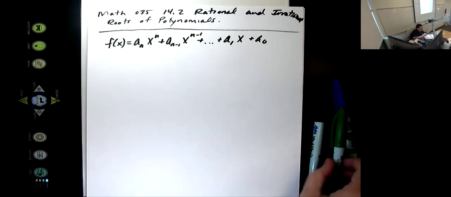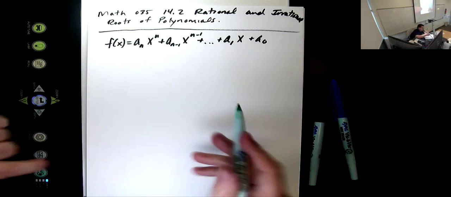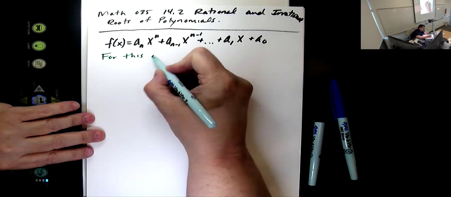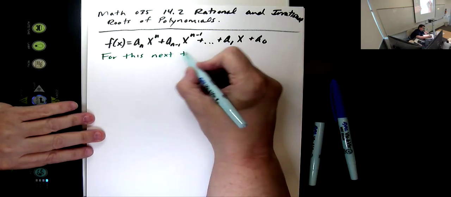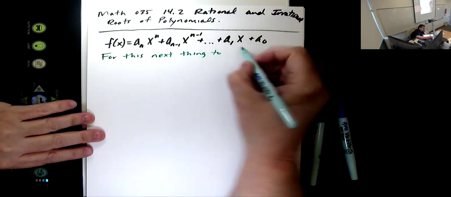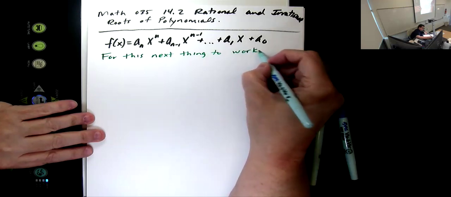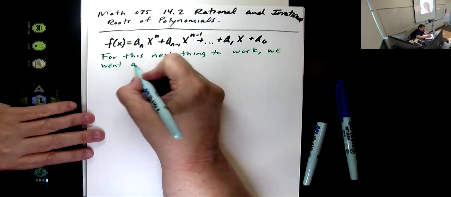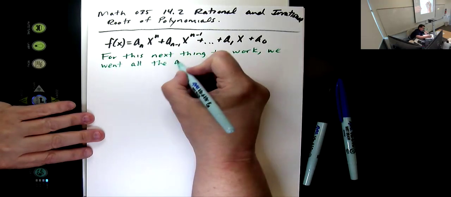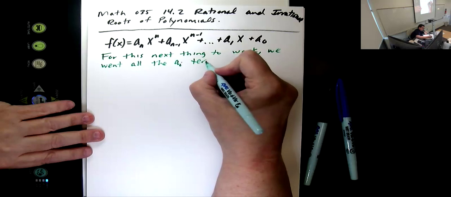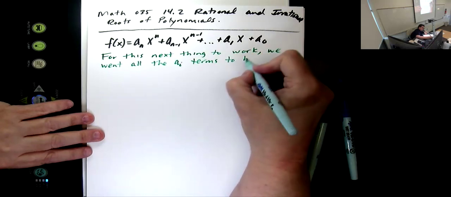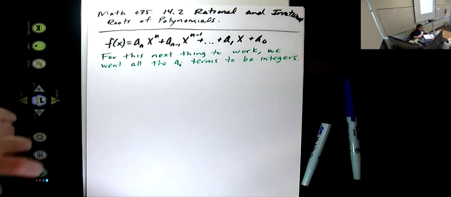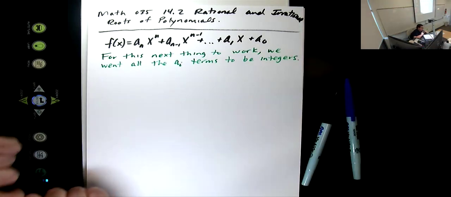Now for this next thing to work, we want all the a sub i terms to be integers. They do not have to be positive. They can be negative, they can be 0.